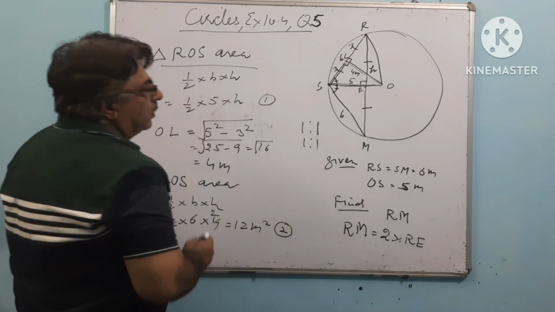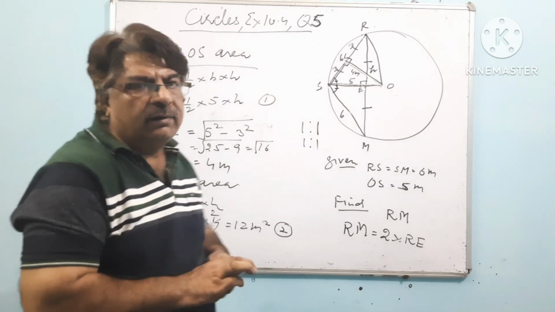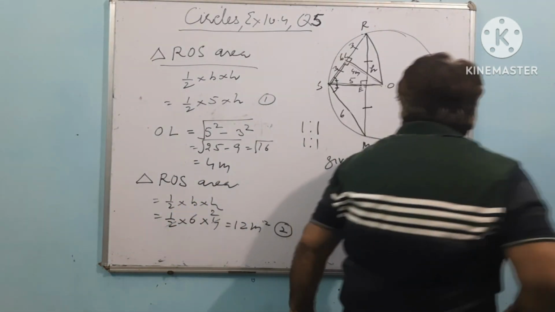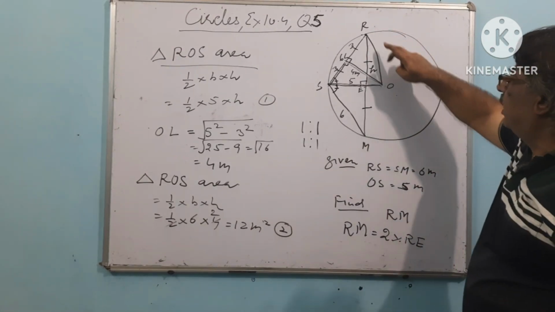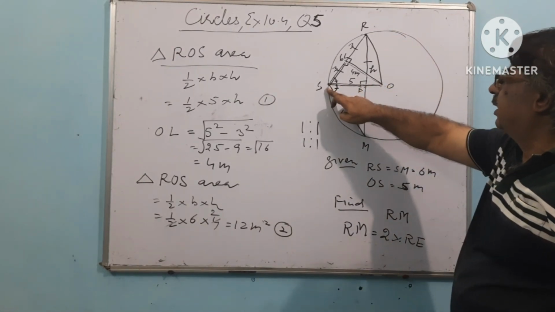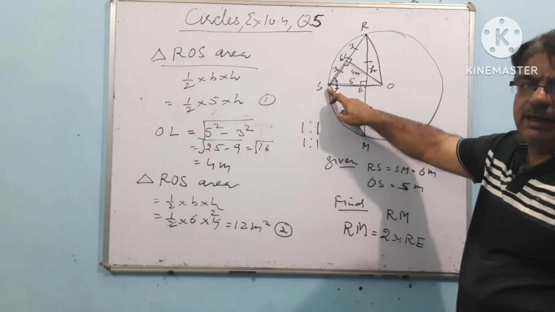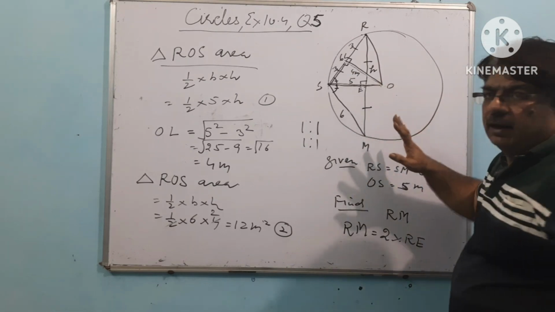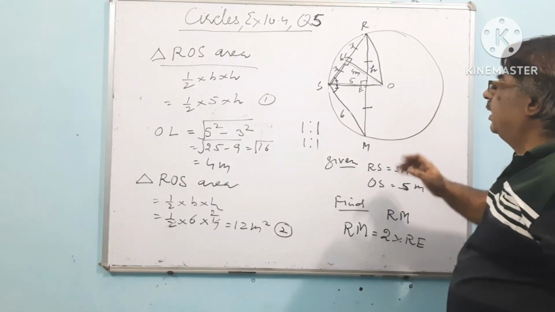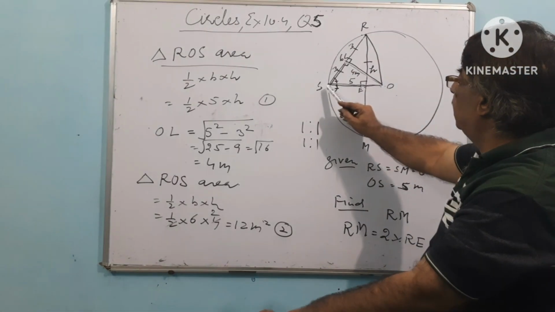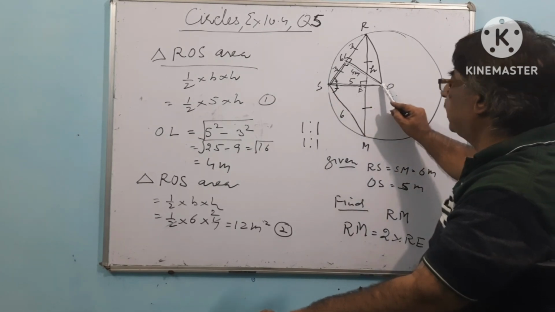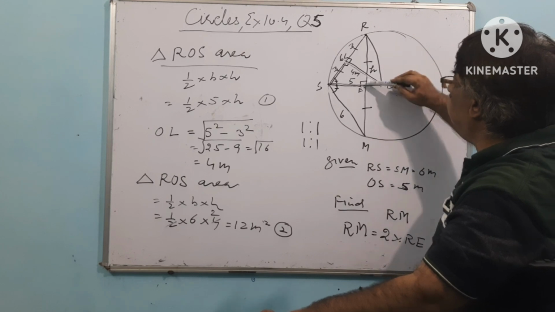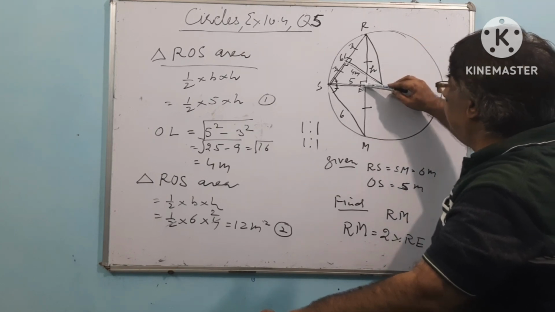So what we have done, my dear students, we have a triangle ROS, and we have found its area by observing the triangle in two ways. In the first way, SO is taken as base and H, that is RE, as altitude.